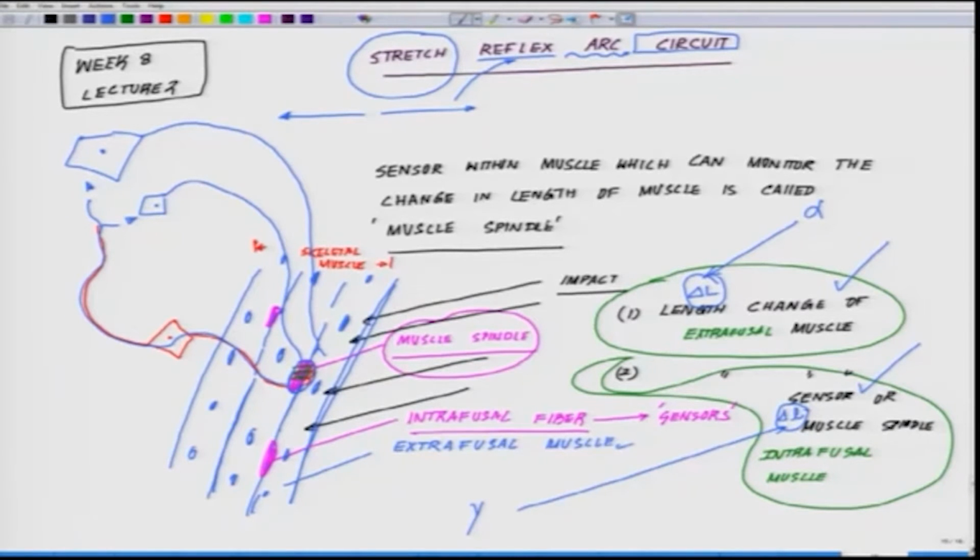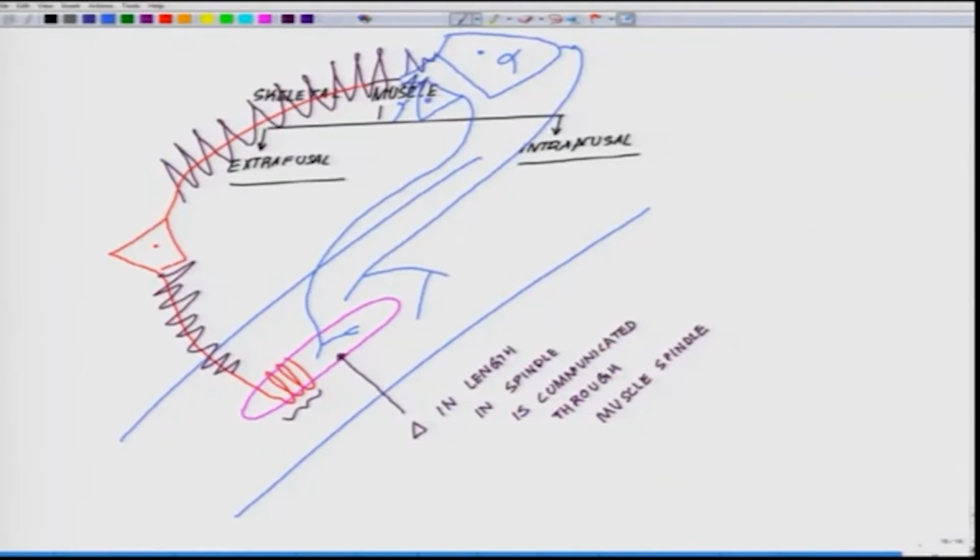In this simplest of the simplest circuits, if you want to mathematically explain it, how many events are happening? Now, we will enumerate all the events, so that this concept gets into your mind. Okay? Step 1: impact.